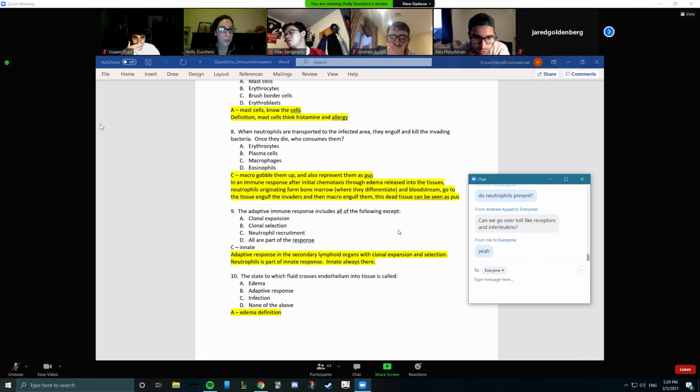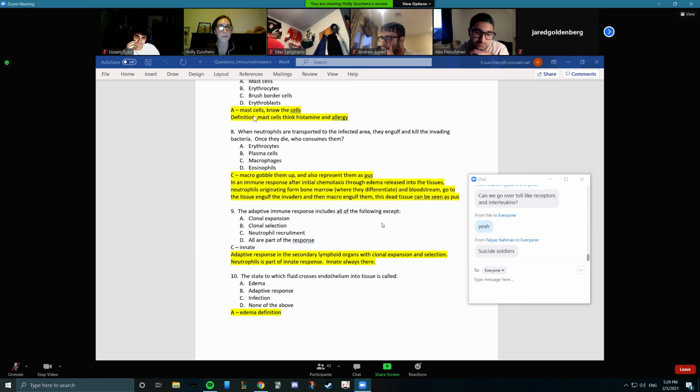Okay, so to answer the neutrophils presenting question: neutrophils' job is to go to the site of injury, and they're also phagocytic cells. They start the whole inflammatory response, but neutrophils die very quickly. I don't think you've gone through the NETs and stuff like that much yet.